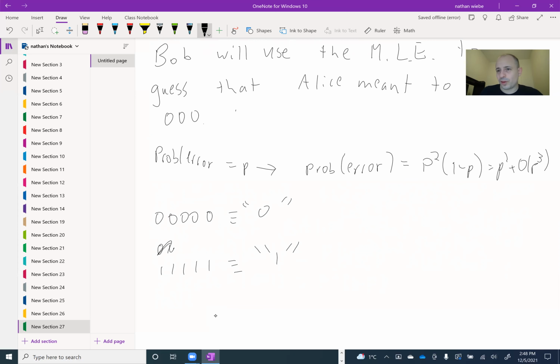So then in this case, in order for Bob's maximum likelihood decoder to make a mistake, 3 errors must occur in order to create that. And the probability of that is, again, equal to p cubed (1 minus p) squared.